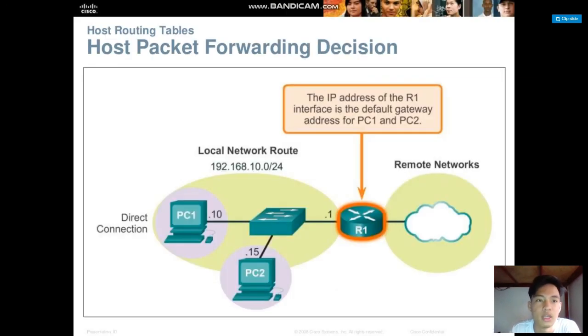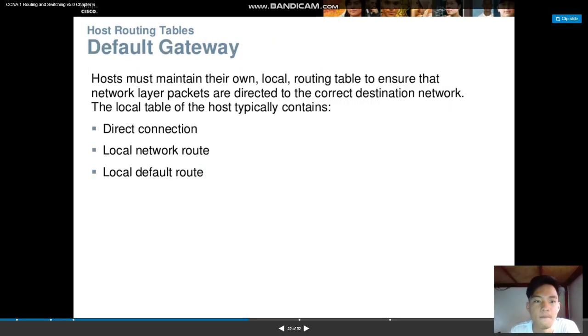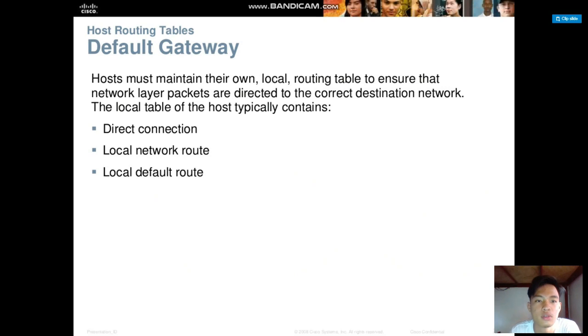Routing. Host packet forwarding decision. The IP address of the R1 interface is the default gateway address for PC1 and PC2, as you can see in this illustration. Default gateway. Hosts must maintain their own local routing table to ensure that network layer packets are directed to the correct destination network.